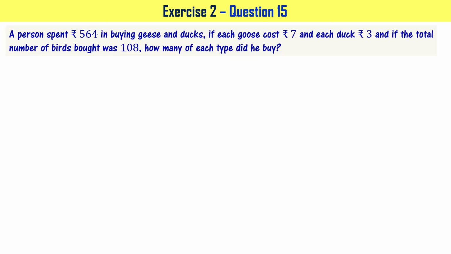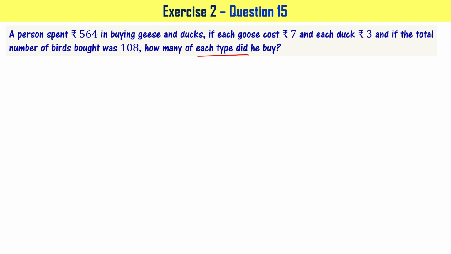Question number 15 is a person spent 564 rupees in buying geese and ducks. If each goose costs 7 rupees and each duck costs 3 rupees, and if the total number of birds bought was 108, how many of each type did he buy?